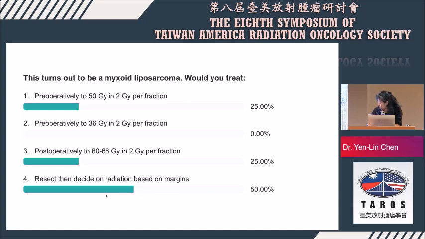Okay, looks like again most would resect, with a small proportion, a quarter, treating preoperatively. And interestingly, no one chose B, which is a lower dose, and we'll cover this later on.